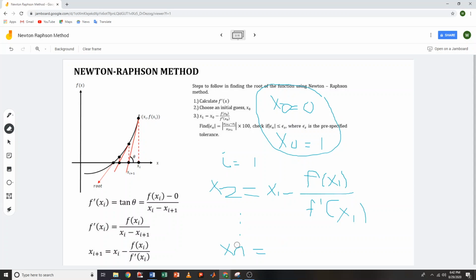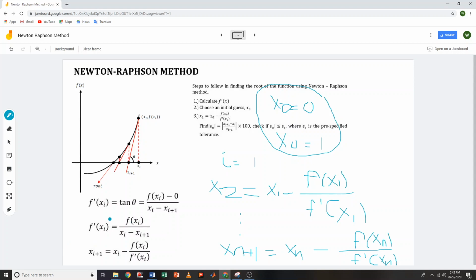This is xn plus 1 rather. So xn plus 1 is xn minus f of xn over f prime of xn. Okay, so this is the formula.